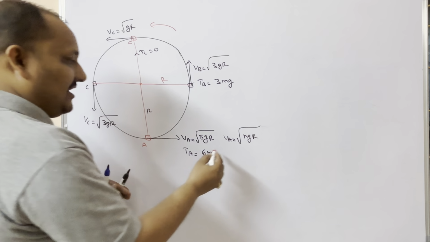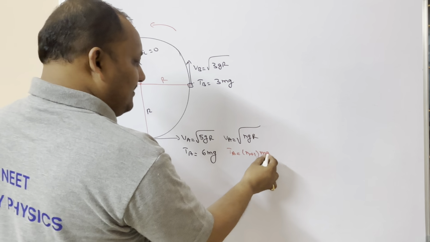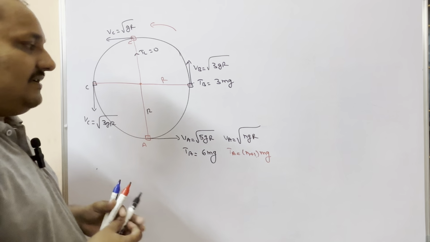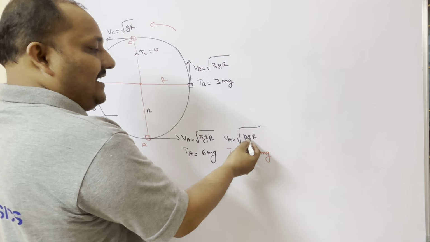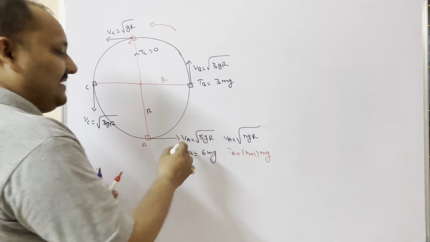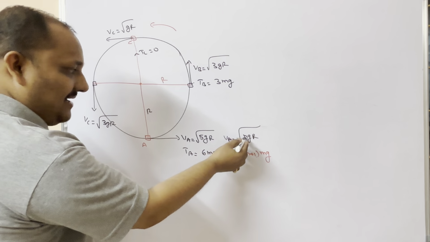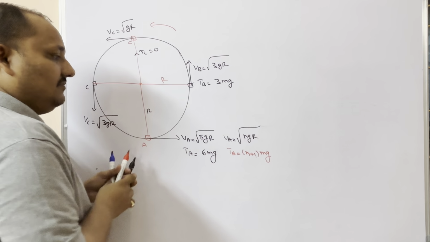Then what is the tension at A? Tension at A is n plus 1 mg. How they will give: root 9gr, at that time 10 mg. Let us assume n is going to be 5 here.